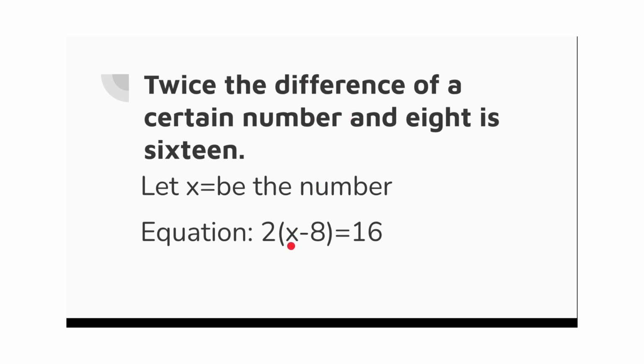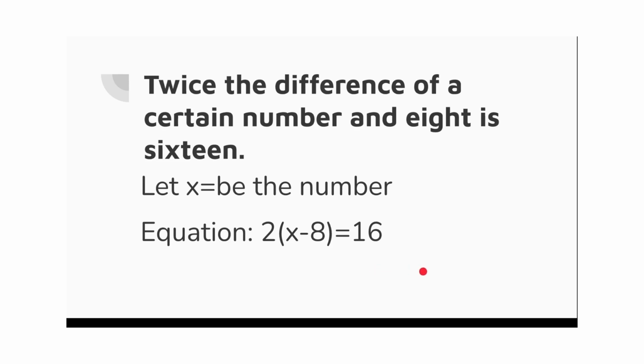So difference of a certain number and 8, and twice of that is 16. So that is your equation. And from here, this is very important because we cannot solve this accurately if we cannot find the correct equation.